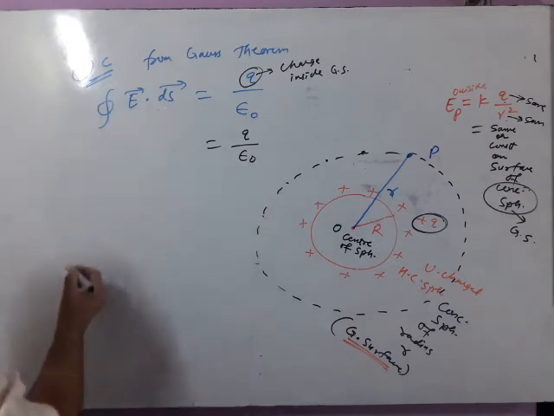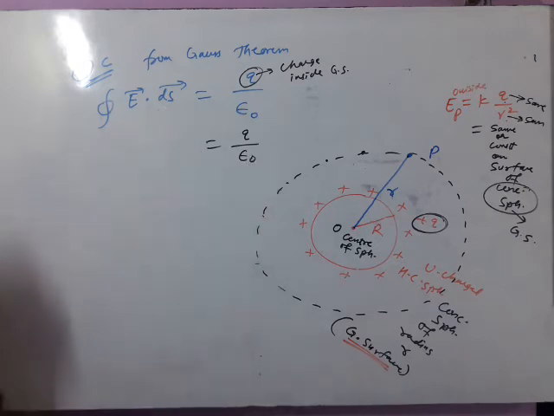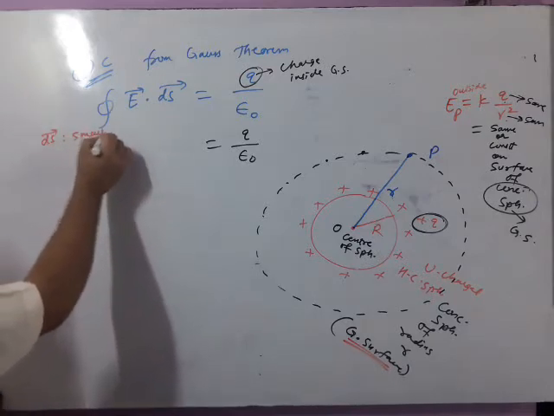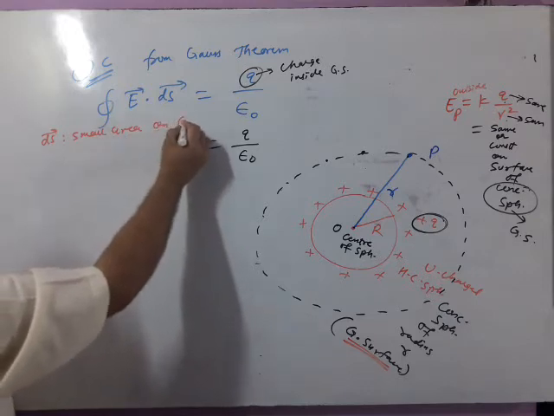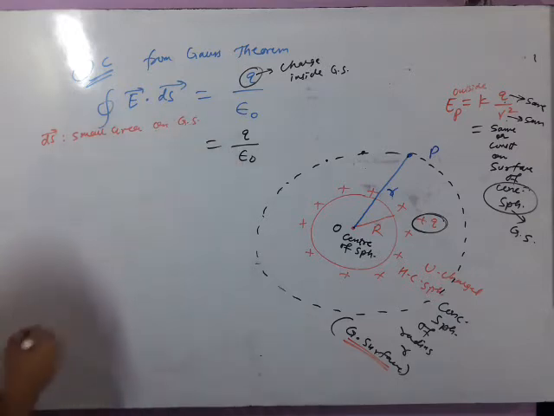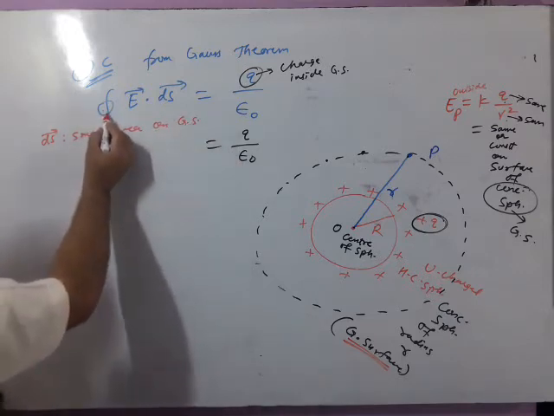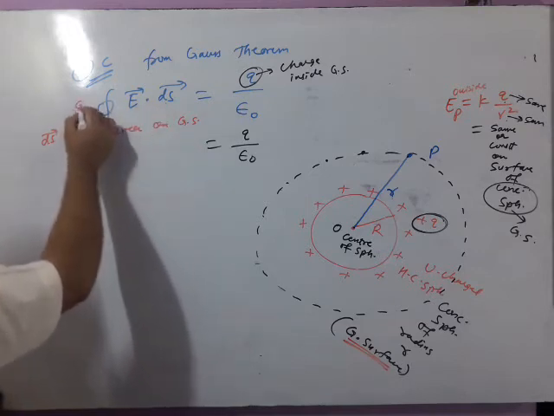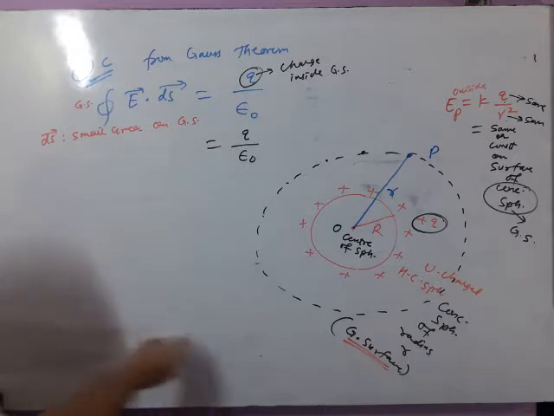Now, what is ds vector? We will have to consider ds vector. ds vector is the small area on the Gaussian surface. This left hand side integration, small area, total area, is meant for the Gaussian surface, which is the concentric sphere in this case.